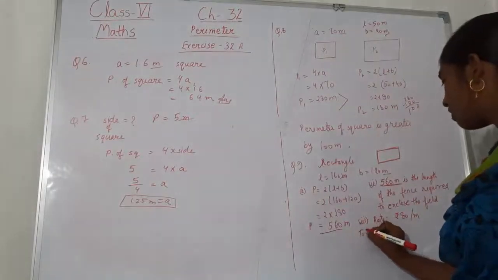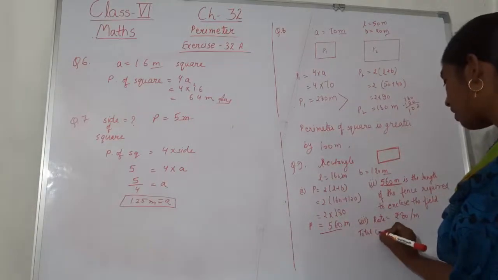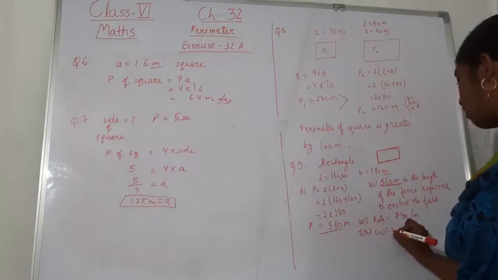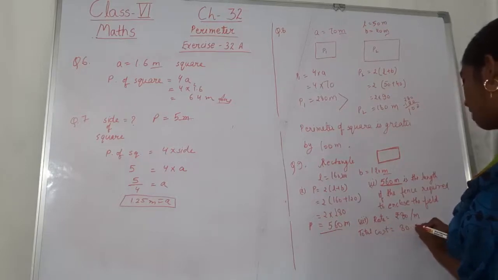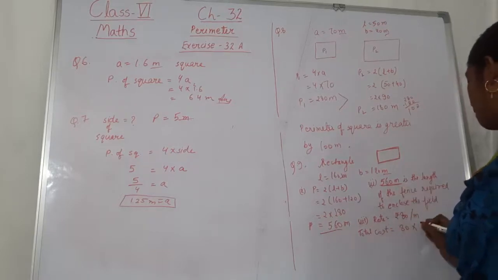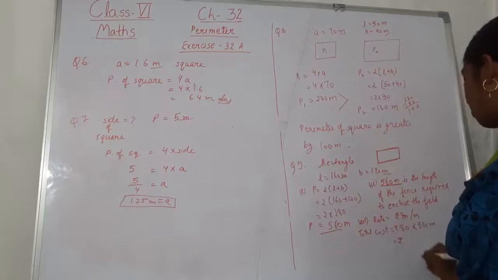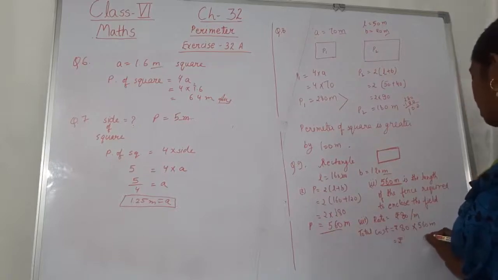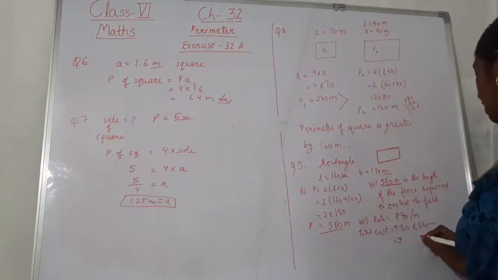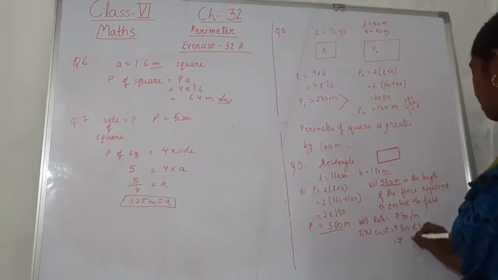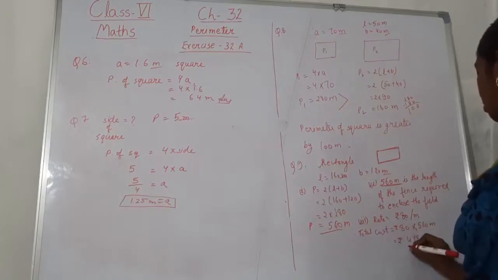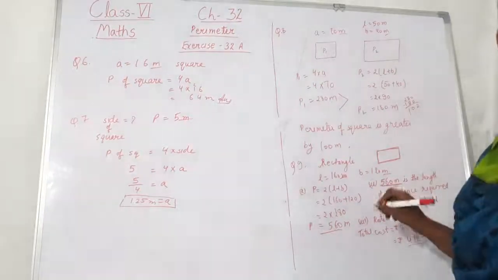Total cost is equal to 80 rupees into 560 meter, multiply this. This much cost it will take to cover the fence.